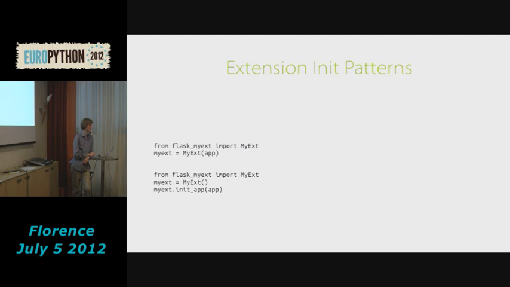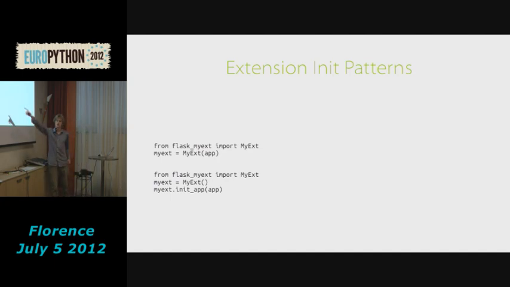No guesses. All right, so the difference is basically this: if you create your application within a function, you still want your extension to be global. The reason is that something is going to import the extension. Otherwise, you have to pass it to every single view function, which would be very annoying.